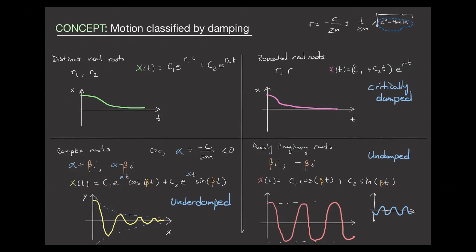So this really decides whether you're in the first case, second case, third case. C itself also decides whether you're in the undamped case. Now you go from underdamped to critically damped to what's called overdamped.